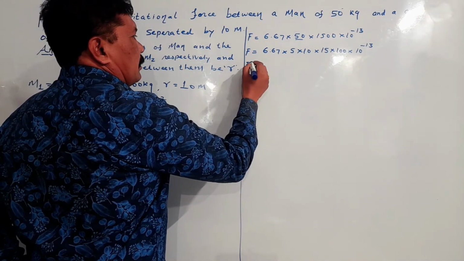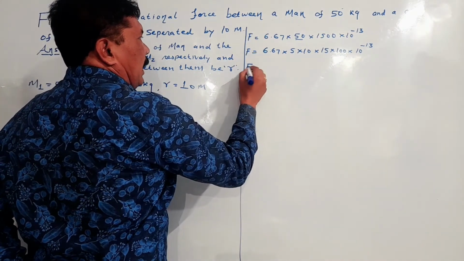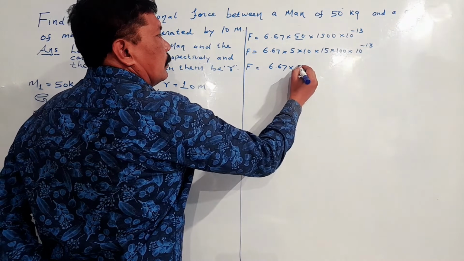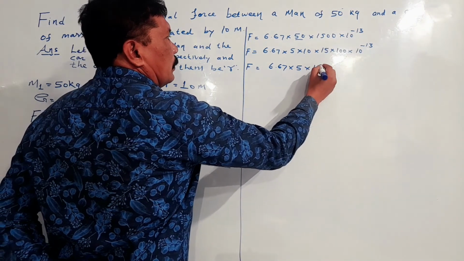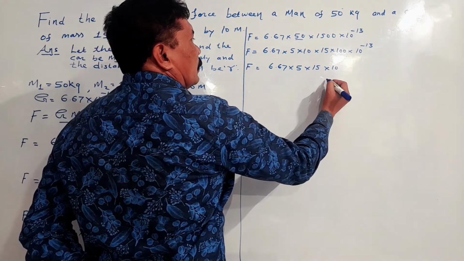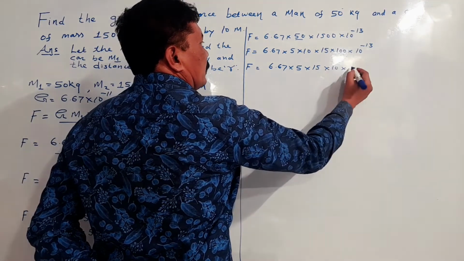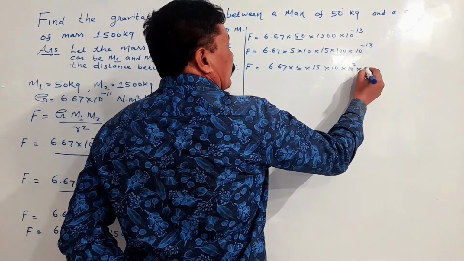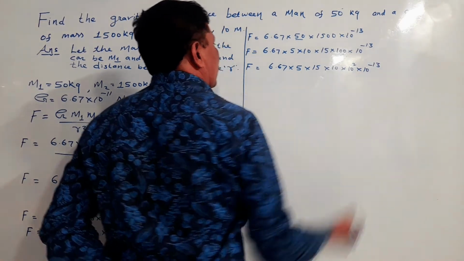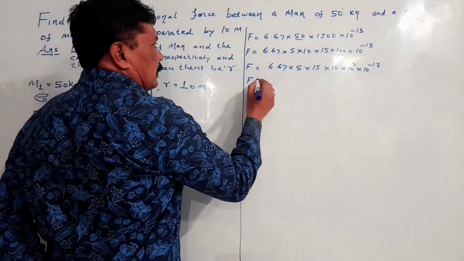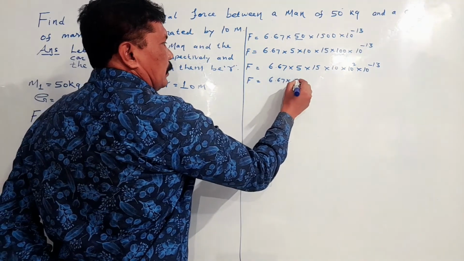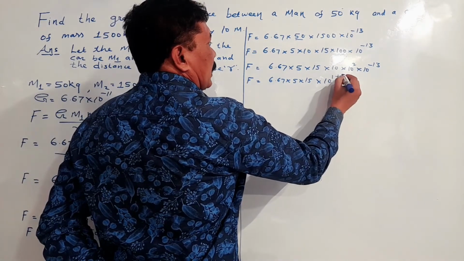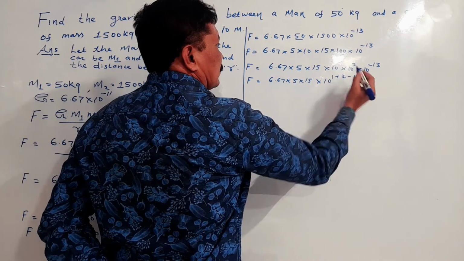So we can write F is equal to 6.67 into 5 into 15 into 10 into 10 to the power 2 into 10 to the power minus 13. F is equal to 6.67 into 5 into 15 into 10 to the power 1 plus 2 minus 13.